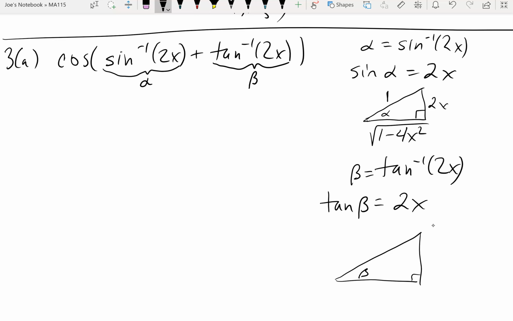Okay. It's tangent that we're given, right? So we'll label opposite and adjacent. What's the opposite going to be? The 2x, and then the adjacent will be 1. And again, can we figure out the third side? Yeah, good. It'd be square root of 4x squared plus 1. Good.